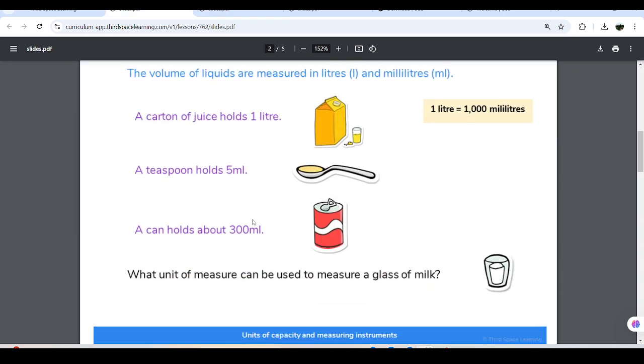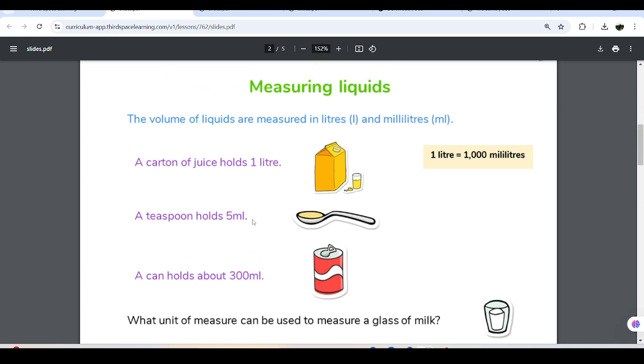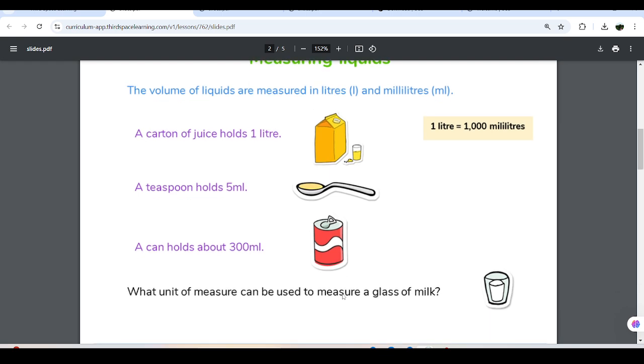So volume of liquids is measured in liters and milliliters. Let's suppose there is a carton of juice and it can hold 1 liter, and this teaspoon can hold very small, so it is written 5 milliliters, right? A can holds about 300 milliliters. Let's suppose this is a small can.